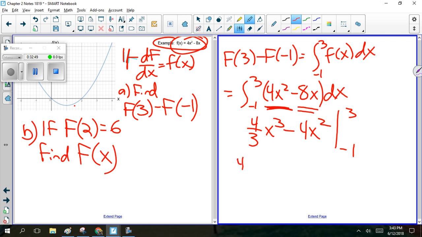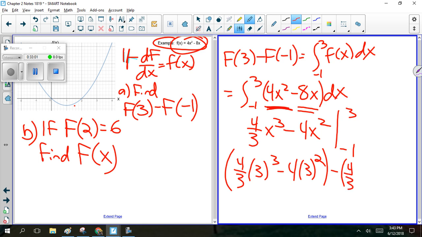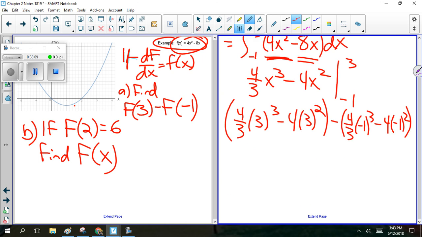So I'm going to get 4/3 times 3 cubed minus 4 times 3 squared, minus 4/3 times -1 cubed minus 4 times -1 squared. And solve it, right? So let's see. This is going to give you what? 36 minus 36?